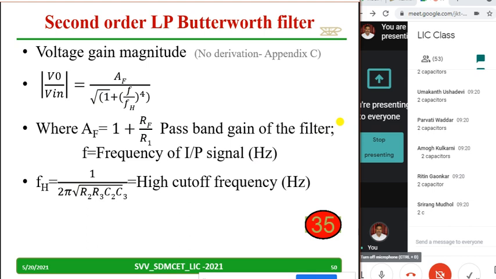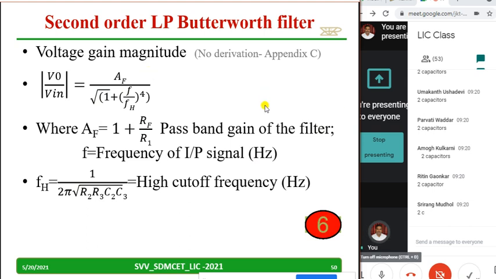Procedure will remain the same. Only the FH equation is different for a second order low pass Butterworth filter, and the remaining procedure is the same. But one important point is there, which I will show you in the next slide. If you do not remember that, then everything will go wrong and you are going to lose all the marks.